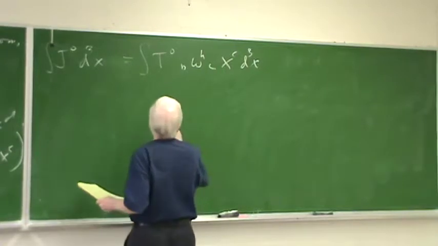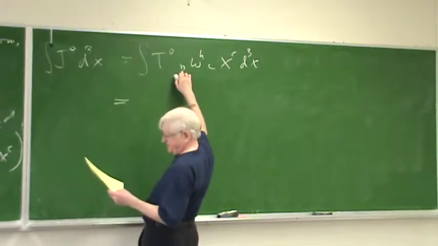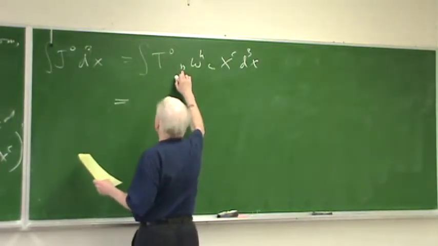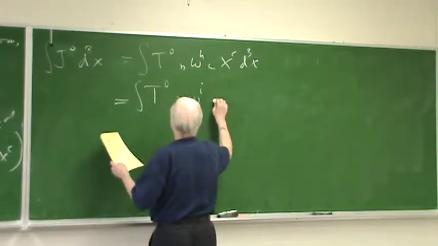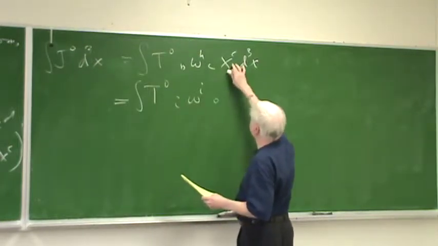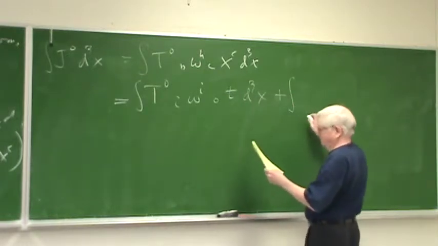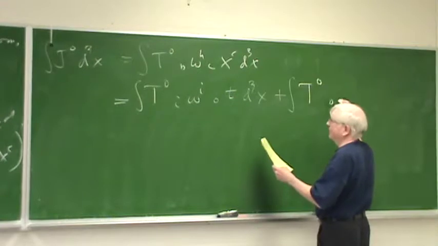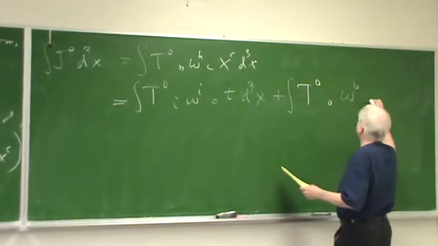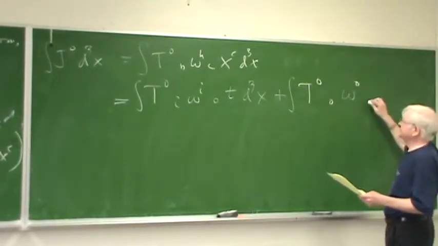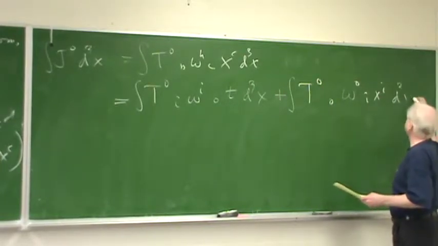Okay. And now, B can be either temporal or spatial. If it's spatial, then we have T0I omega I0, and now C is 0, so that's the integral of T0I omega I0 t d cubed x, plus the integral of T00, and now B is 0, so this is omega 0I, and now this has to be an I, and so this is x_I d cubed x.